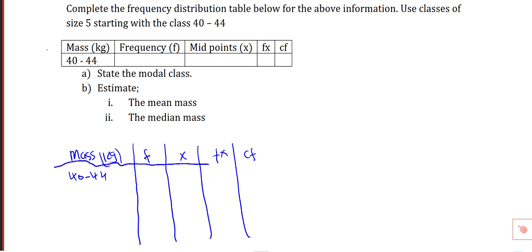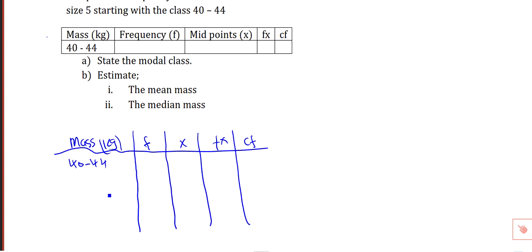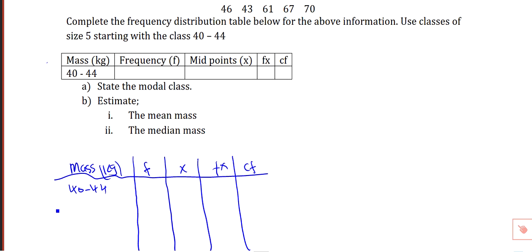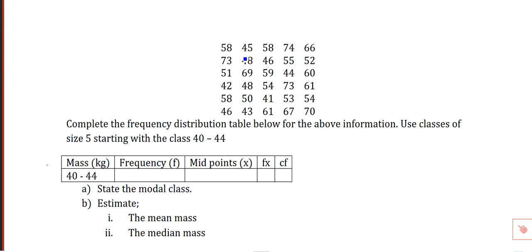So we have the first mass here, that is 40 to 44. Now, for values ranging from 40 to 44, we come to our data here.